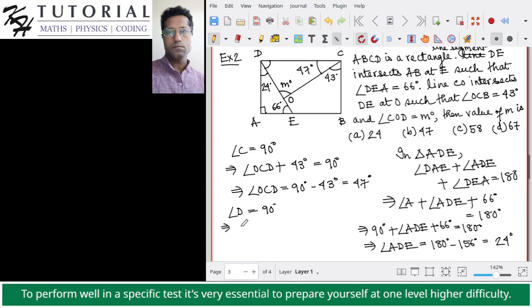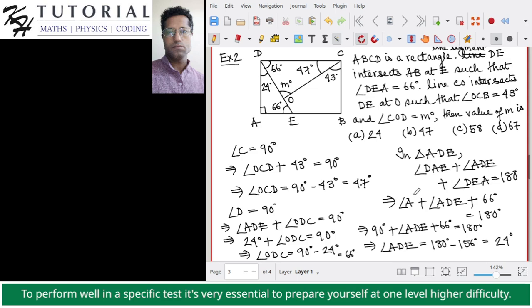Angle D is angle ADE, which is 24 degrees, plus angle ODC, equal to 90 degrees. So angle ODC is 90 degrees minus 24 degrees, which is 66 degrees.